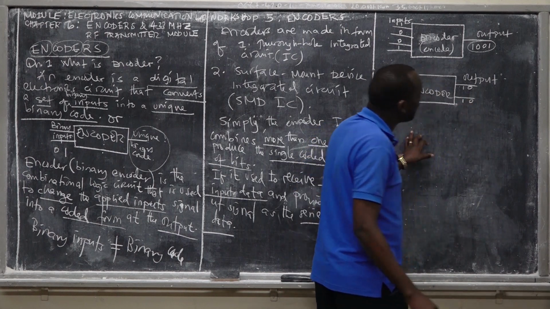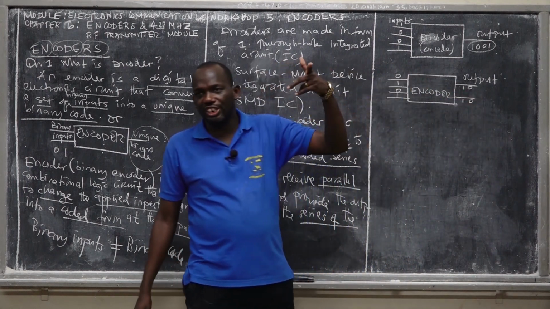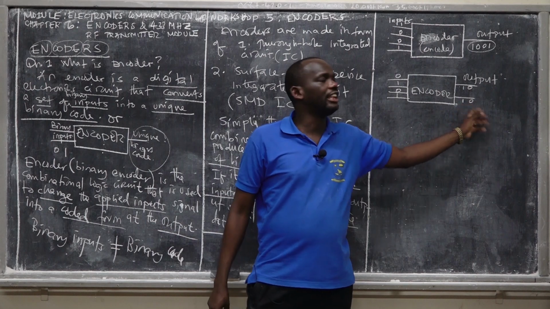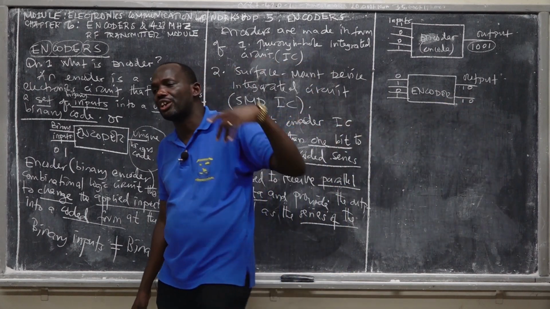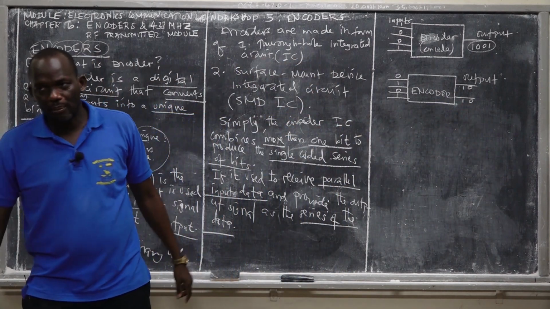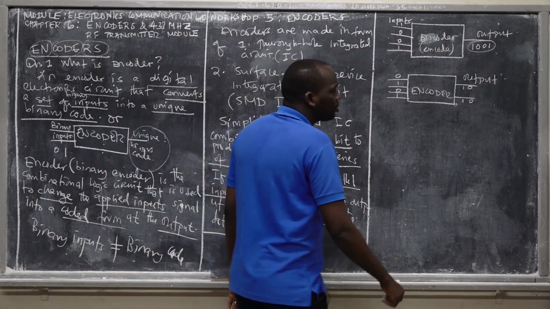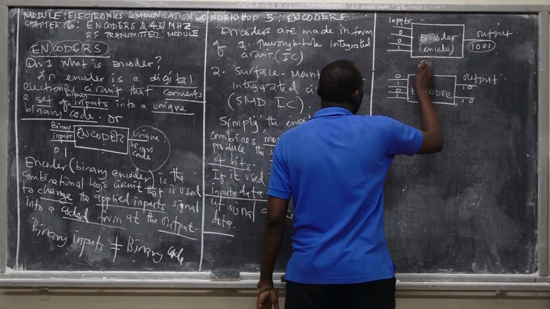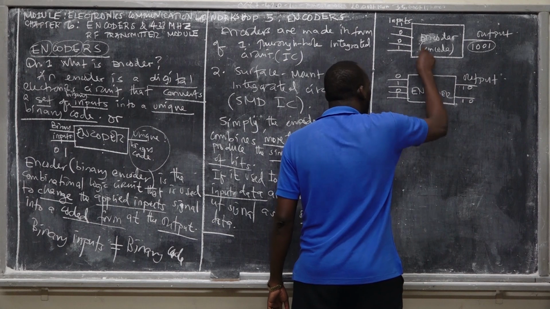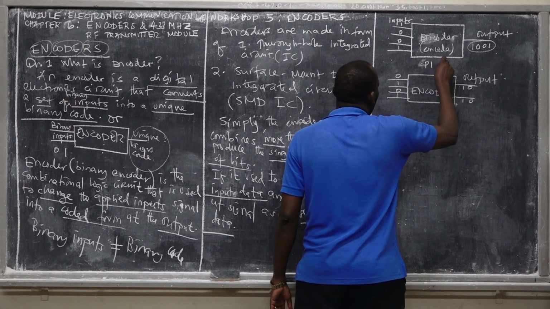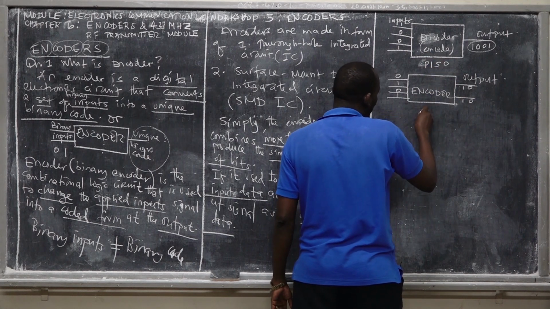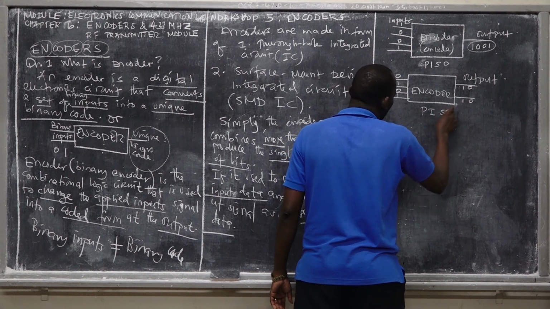So you see that the 2 bits will be given out in series. For this case, the 2 bits also will be given out in series. So this one, we call it parallel in, serial out. Similarly for this one, we call it parallel in, serial out.